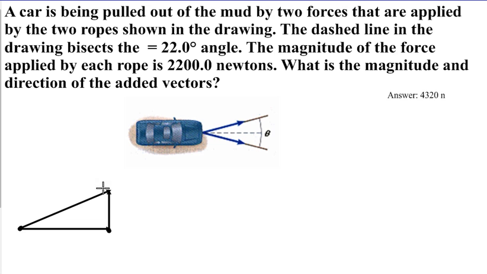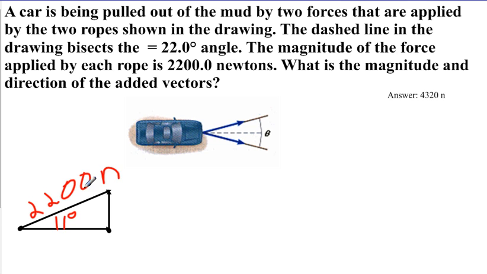Now, we know that this is 2200 newtons. And we know that this angle here, if we look over here, this total angle is 22 degrees. So the bisect of that is going to be 11 degrees. So we know that we have 11 degrees here.